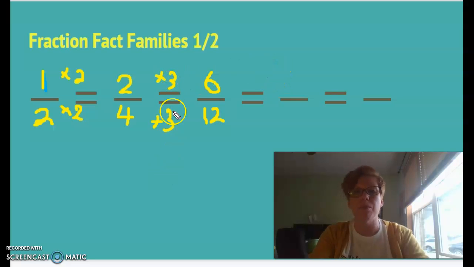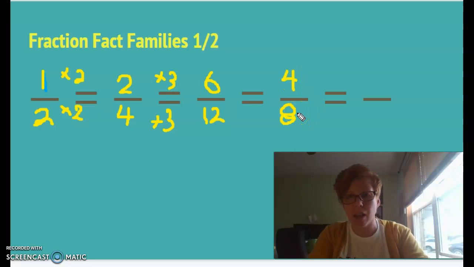For the sake of time, I'm not going to write down multiplying by 4, but what's 1 times 4? Well, 4, and then 2 times 4 is 8. 4/8. 4 is half of 8, correct?